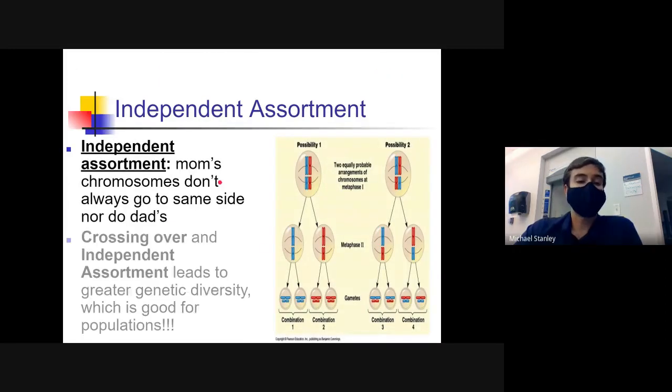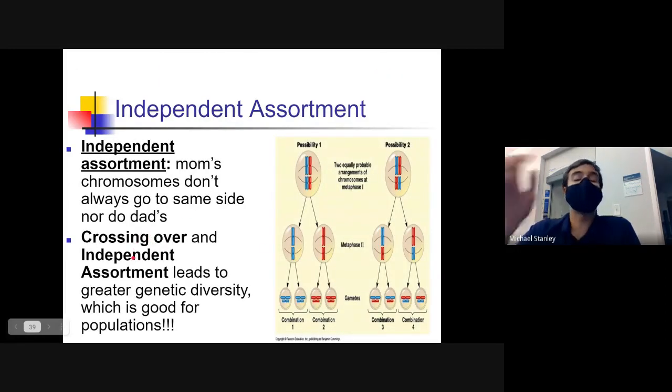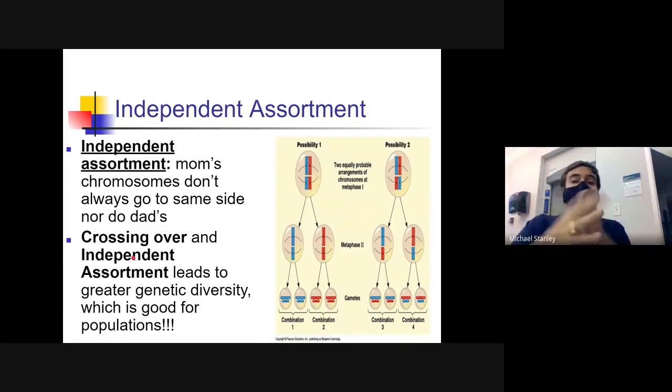So between crossing over and independent assortment, we can get a huge amount of different combinations of genes in our gametes, in our sperm and egg cells. In biology, we call that genetic diversity. Lots of diversity of different possible genes in your sperm and egg cells.